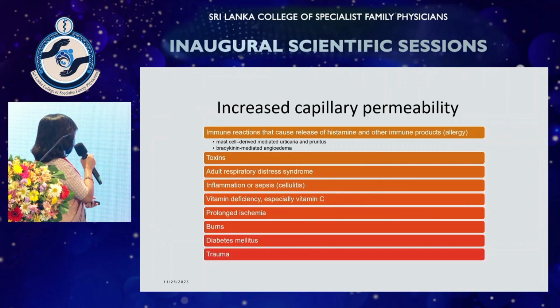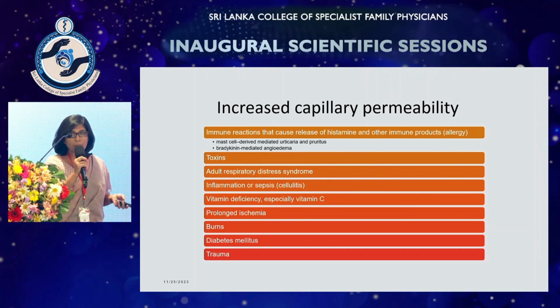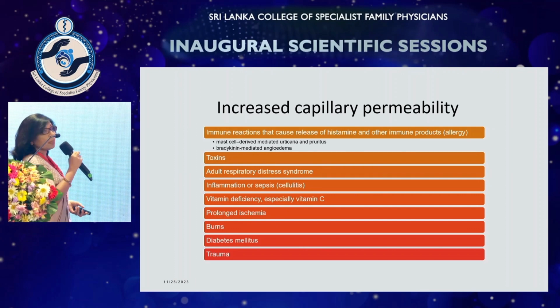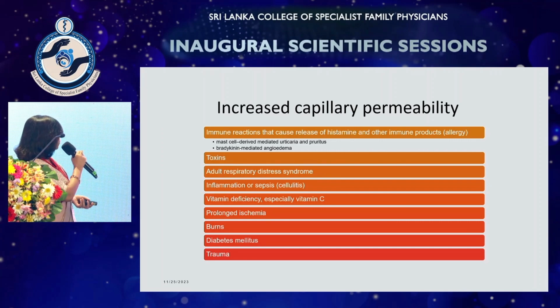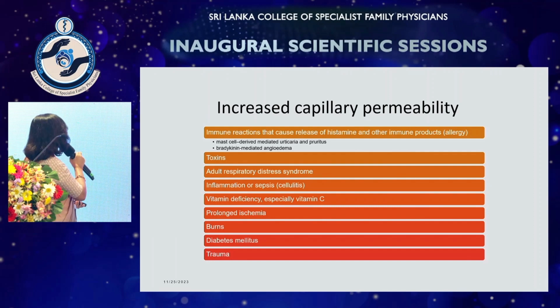Yes, this is increased capillary permeability. If the capillary permeability is high, again there's increased fluid in the interstitium. So the immune reactions that cause release of histamine and other immune products, that means after an allergy, either mast cell derived or bradykinin mediated angioedema.